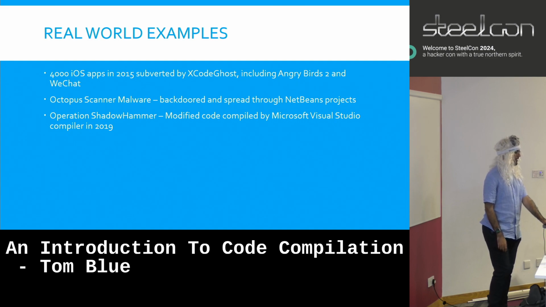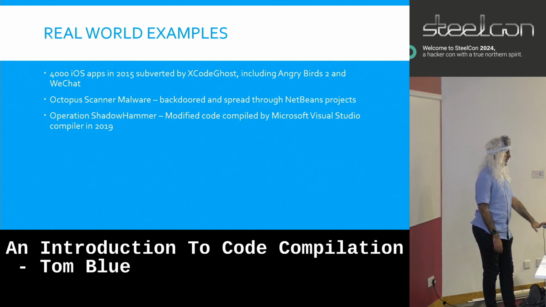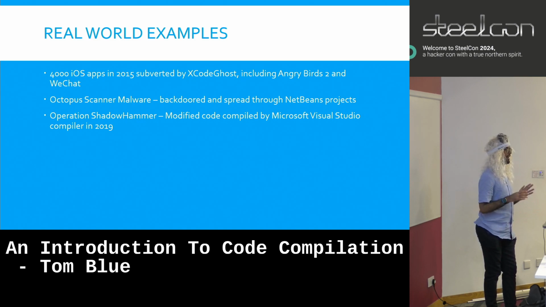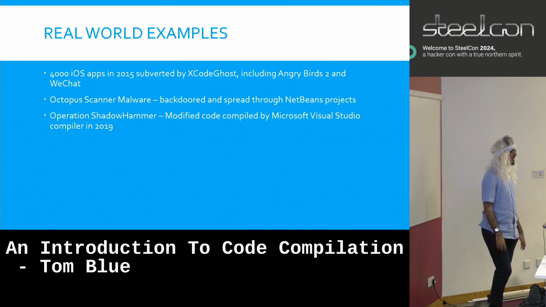So in 2015, 4,000 iOS apps were subverted by Xcode Ghost, which was a malicious version of Xcode that affected Angry Birds 2 and WeChat and various other apps. There was Octopus Scanner, which was quite cool, and it backdoored and spread through NetBeans projects by modifying the NetBeans compilation pipeline and propagating to loads of NetBeans programs over GitHub.